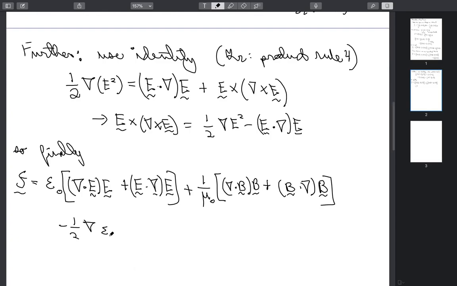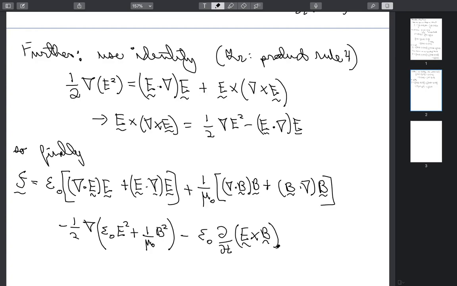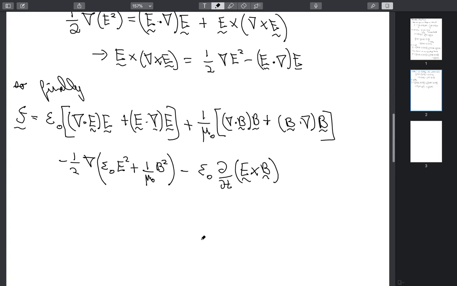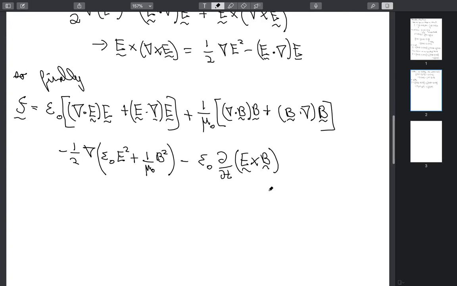But this you'll recognize because it's the earlier electromagnetic energy density per unit volume, whose gradient I find in this expression here. Then I've got the minus epsilon 0 d/dt of E cross B. And you'll remember our good old friend the Poynting vector at this stage here that we'll substitute for this. Okay.